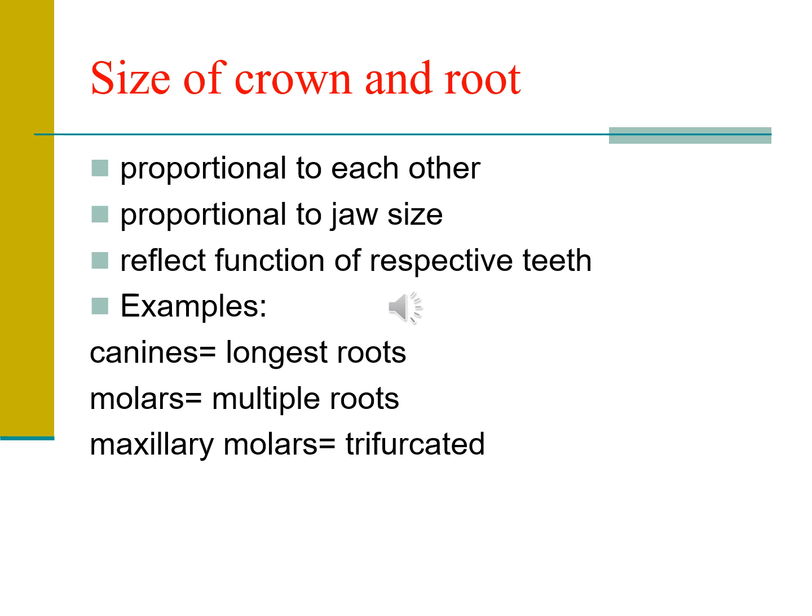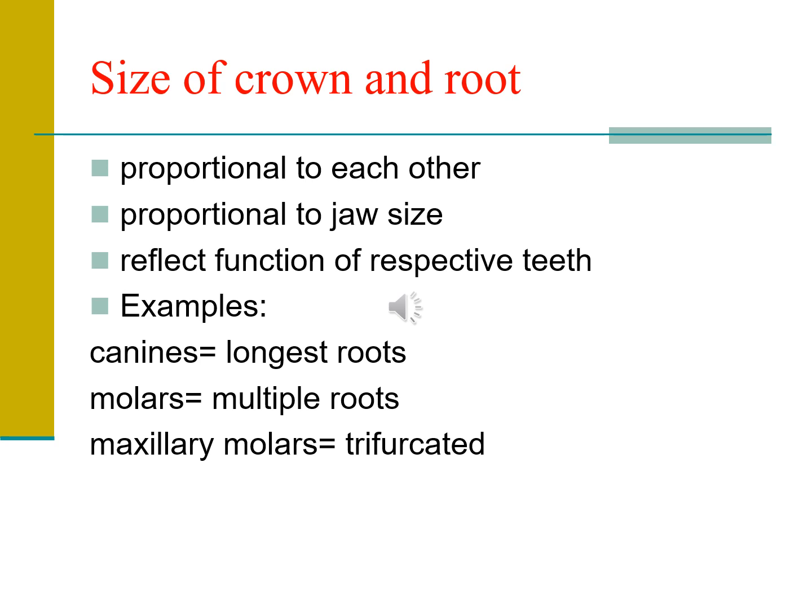Firstly, talking about the size of crown and root, they should be proportional to each other in a tooth, and they should be proportional to the jaw size. That's why there are individual differences between people and between single teeth in the same individual. Size and shape of the root would reflect the function of their respective teeth.